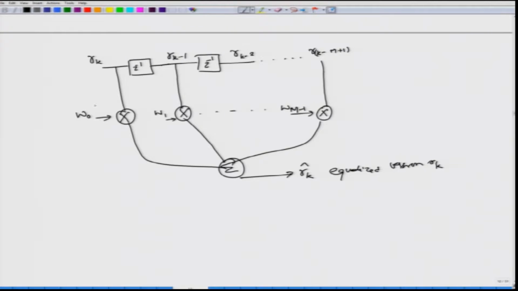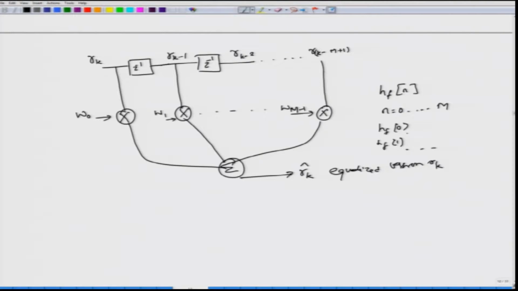Now, what are these W0, W1, W of m minus 1? These are nothing but the coefficients Hf of n. Remember, we had the fiber transfer function. From the fiber transfer function, we went to the impulse response, and the impulse response we sampled in order to generate this Hf of n. So, if this is an m length filter, then you get Hf of 0, Hf of 1 and so on.